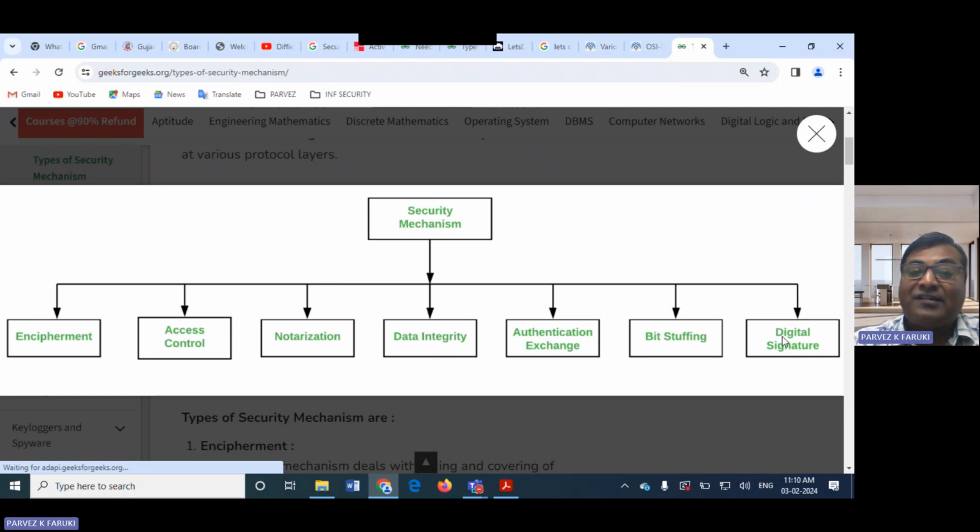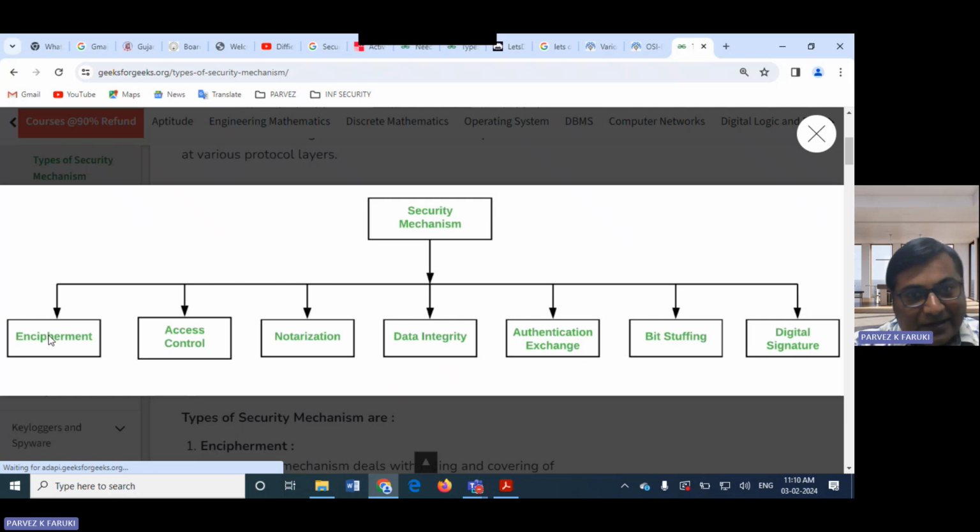These are some examples of security mechanisms. And an adversary would always identify, associate, and find chances to attack one or more of these security mechanisms.